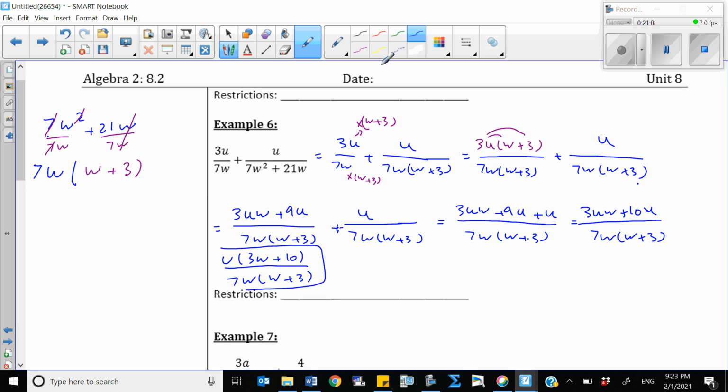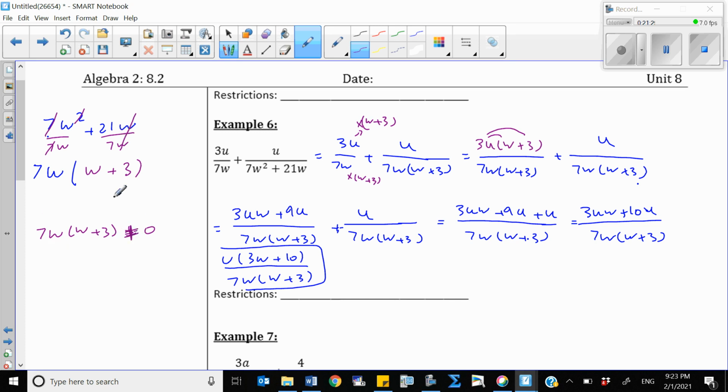The last thing is to find the restrictions. To find the restrictions, we're going to set the common denominator that we have, 7w times w plus 3, not equal to 0. Our expression is in the factored form.